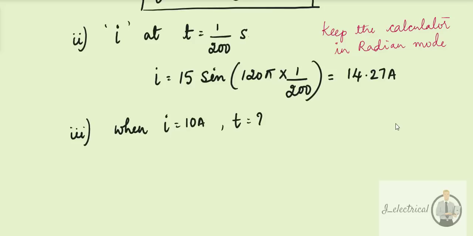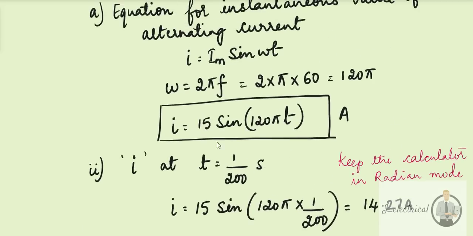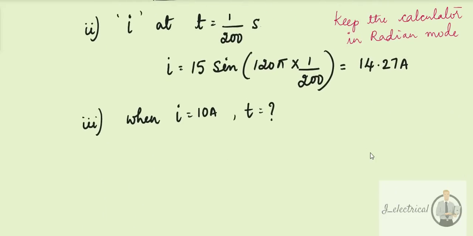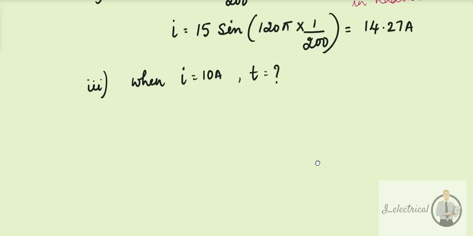T is equal to what? What will be the time for the current to reach 10 amps? Because the maximum current value is 15 amps, right? So there should be a time between 0 to 15 amps, right? So we are finding that time.